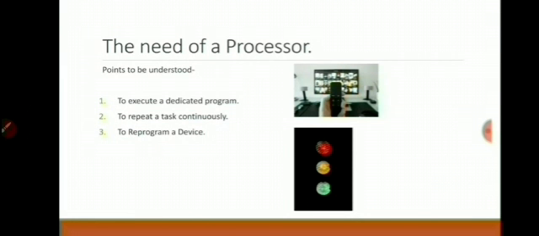Thus, in both the cases which we have discussed, the remote controlled TV and the traffic light system, we need a processor. It is very important to have a processor to fulfill our three requirements: to execute a dedicated program, repeat continuously, and be reprogrammed again.